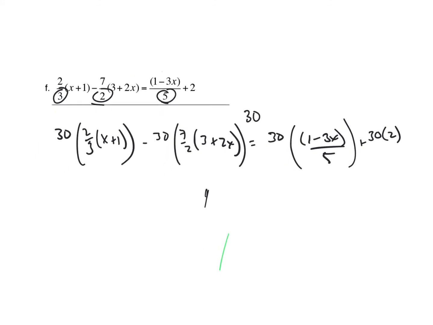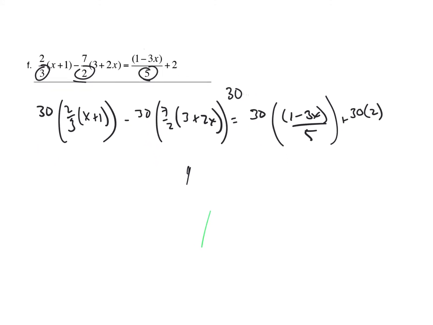If you do this technique correctly, I can simplify: 30 divided by 3 is 10, 30 divided by 2 is 15, and 30 divided by 5 is 6. There's nothing to cancel here, and so now it's just a matter of multiplying it all out.